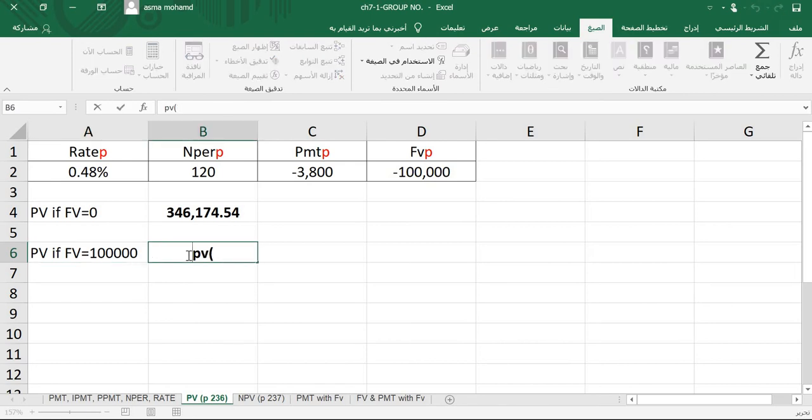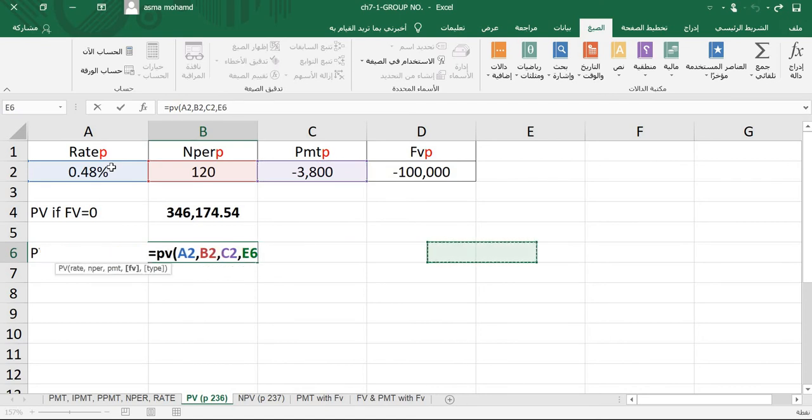We need to put equal for, and now we'll start answering the PMT, and then the future value.